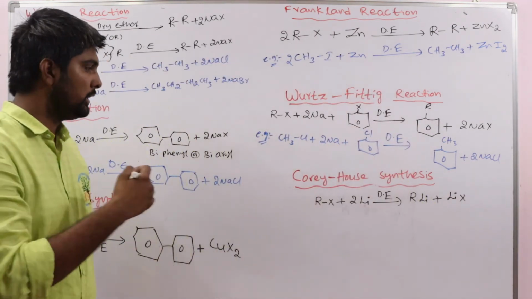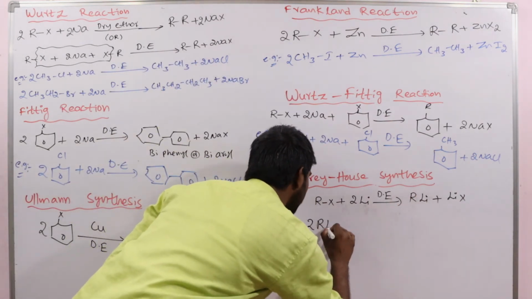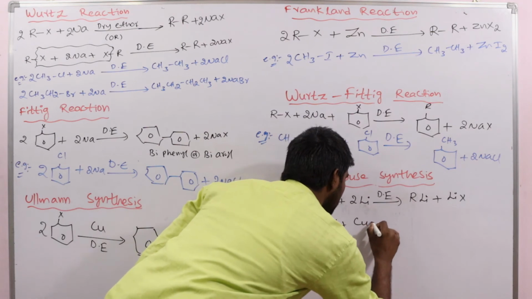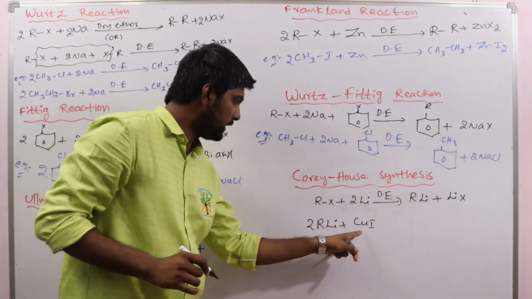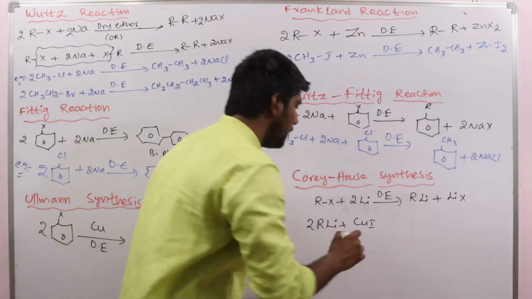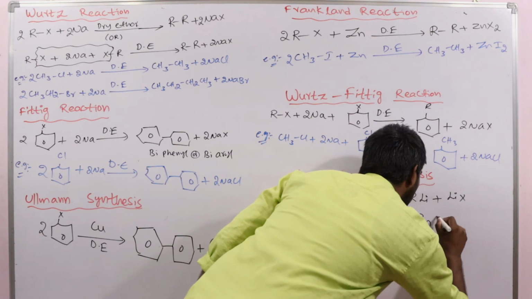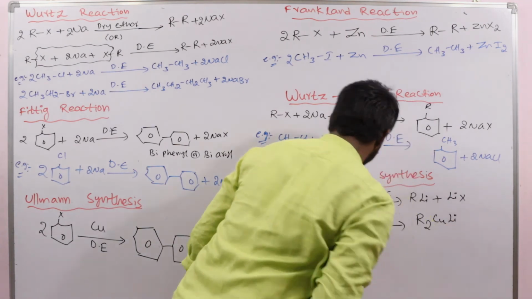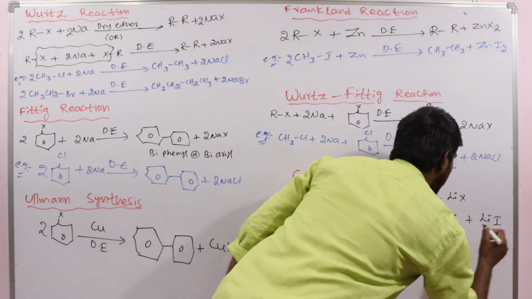In the next stage, what happens? This formed alkyl lithium reacts with cuprous iodide. Okay, very important. So here we get R2CuLi plus lithium iodide.